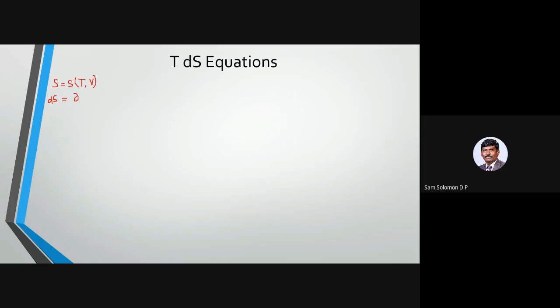We write this as partial S partial T at constant V into dT, plus partial S partial V at constant T into dV.